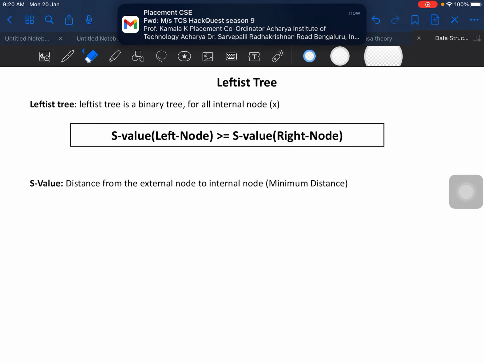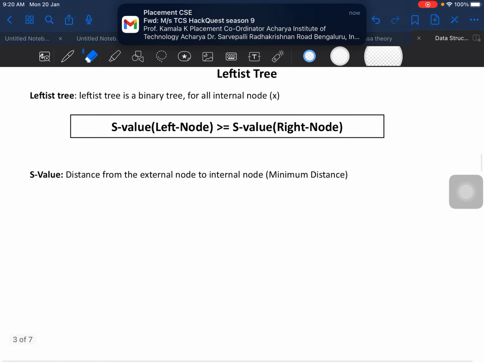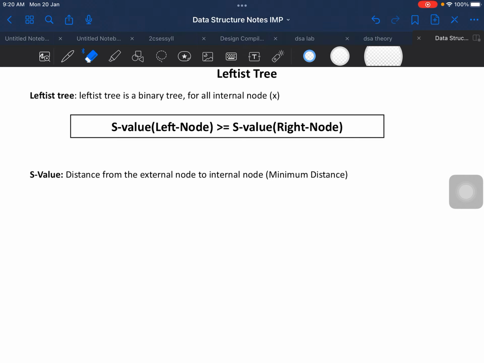A leftist tree is a binary tree where, for all internal nodes x, we have to satisfy one condition. I will tell you what is meant by an internal node and what is meant by an external node.